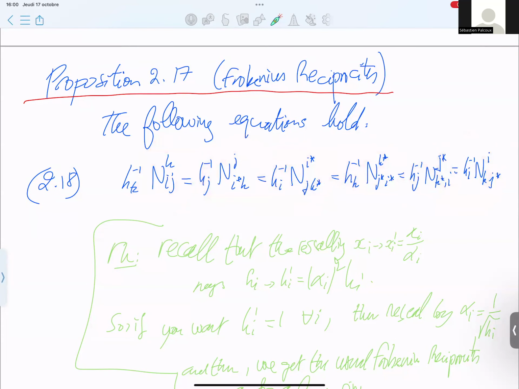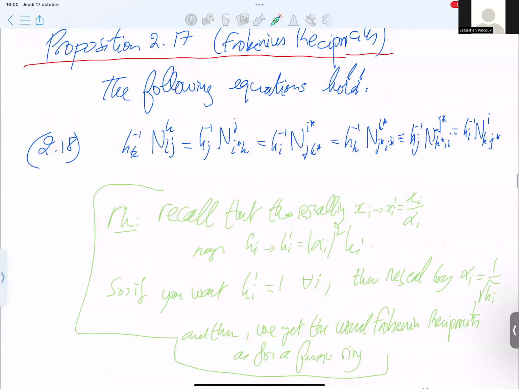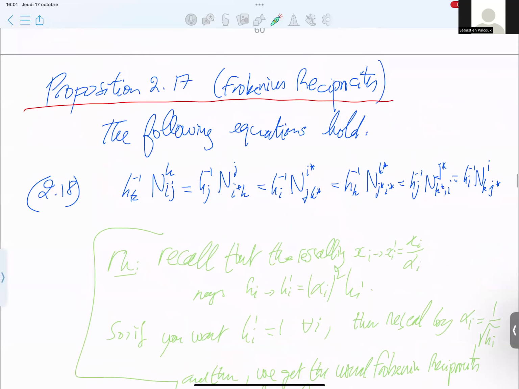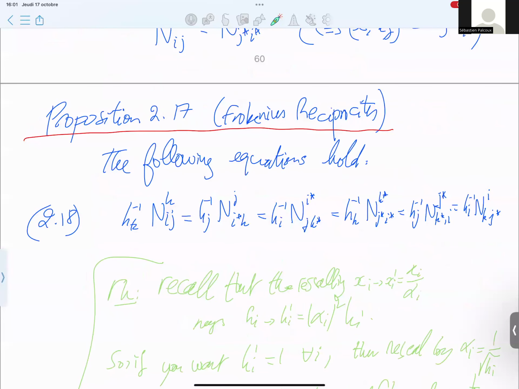But the idea is that when you apply the dual, you permute. This is a reformulation of the fact that the dual corresponds to the adjoint of the fusion matrix.